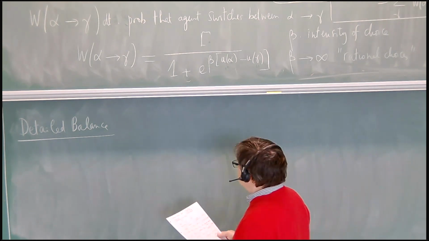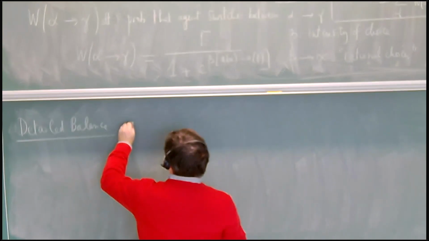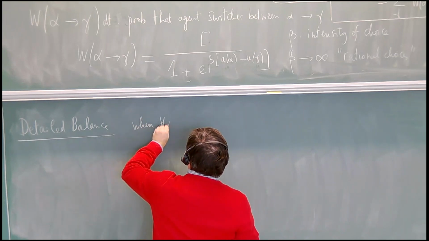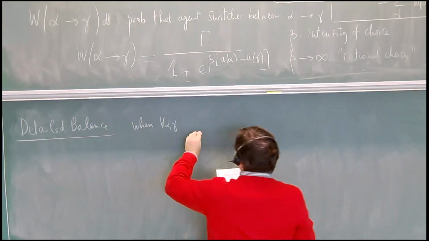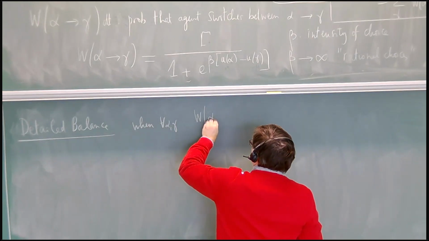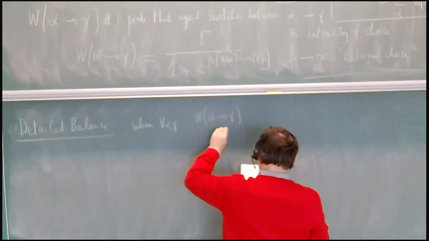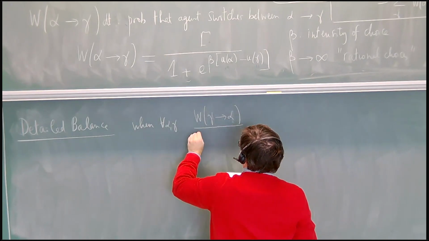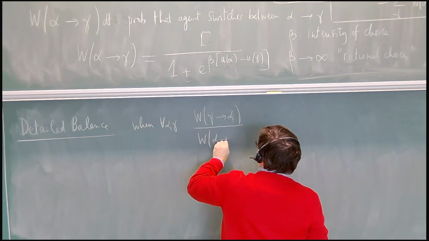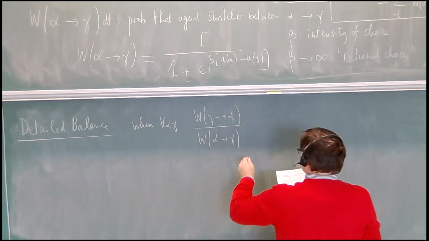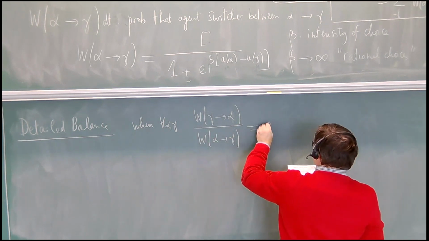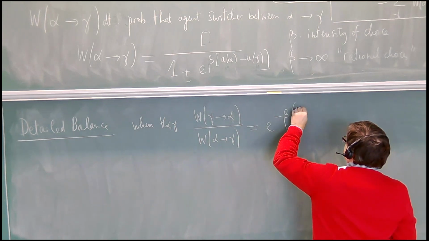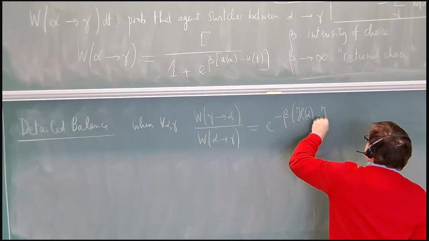So detail balance means that for all alpha gamma, there's a relation between the direct process and the inverse process, which is that this is equal to exponential of minus beta times h of alpha minus h of gamma.